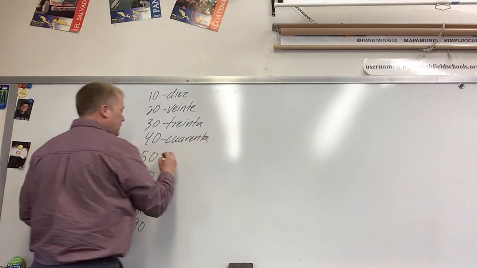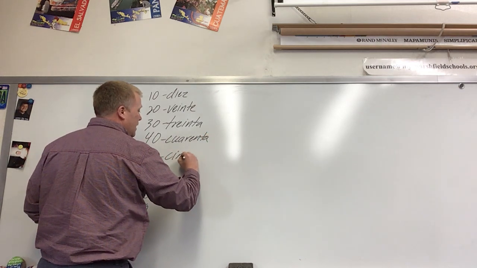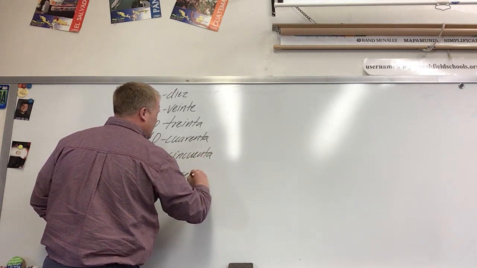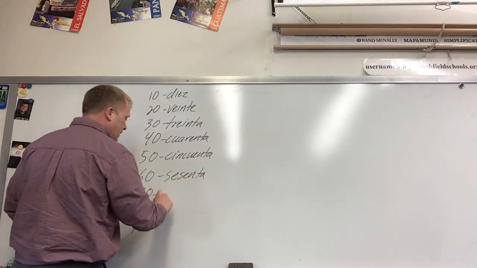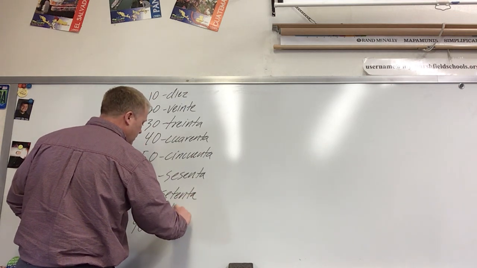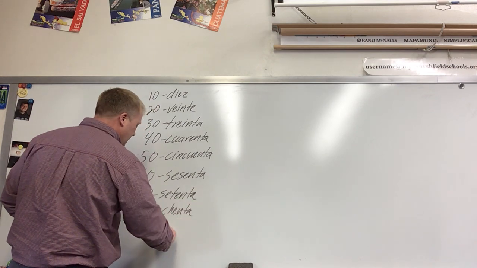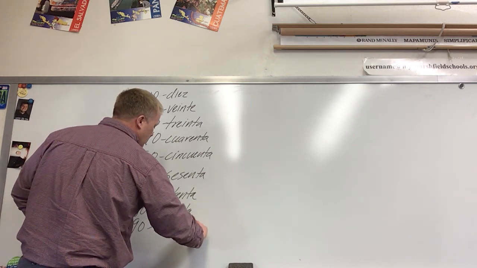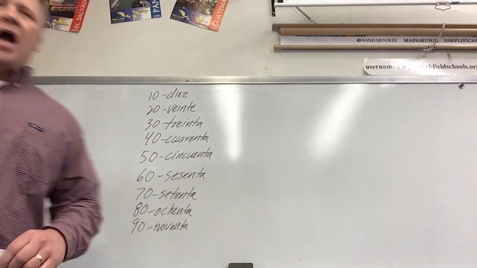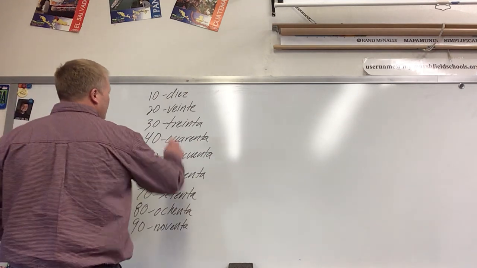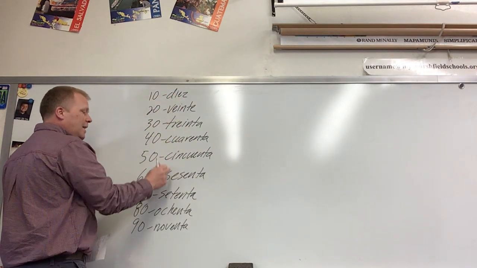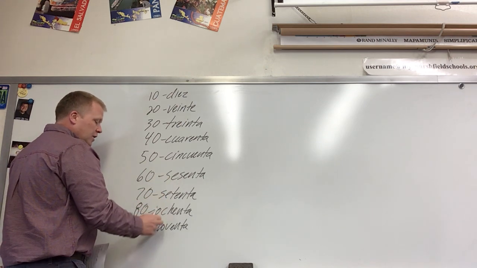I believe these are in your vocab list as well. 50, cincuenta, 60, sesenta, 70, setenta, 80, ochenta, and 90, noventa. So 30, 40, 50, 60, 70, 80, they're all in the tas, entas. So once again, diez, veinte, treinta, cuarenta, cincuenta, sesenta, setenta, ochenta, noventa.